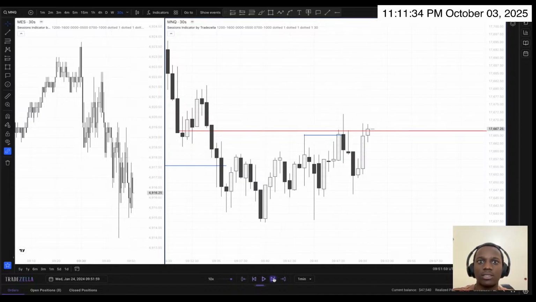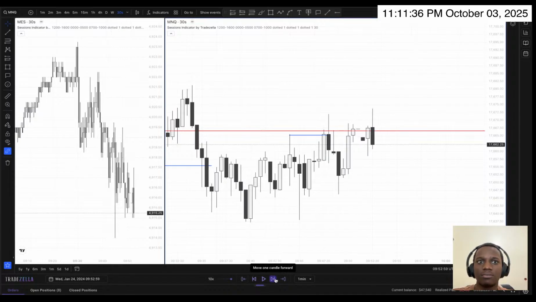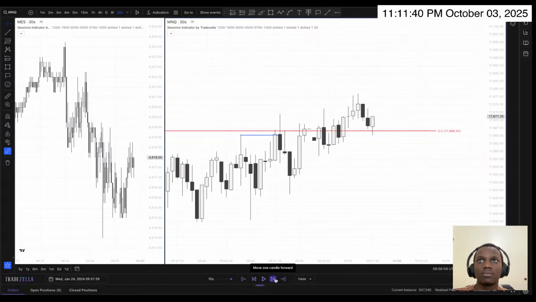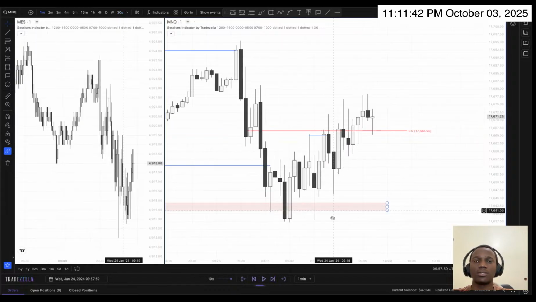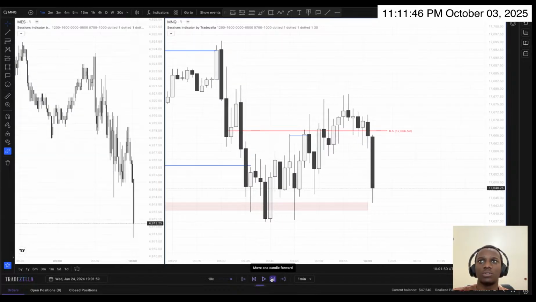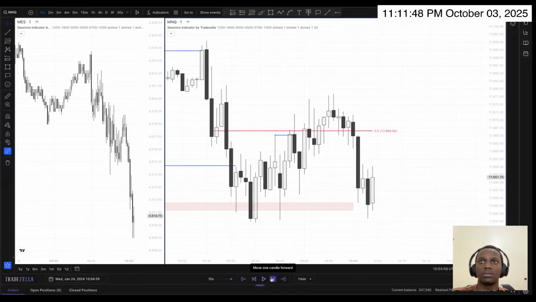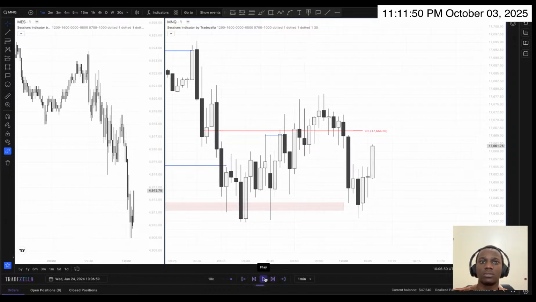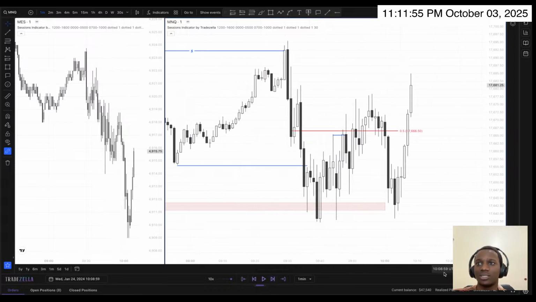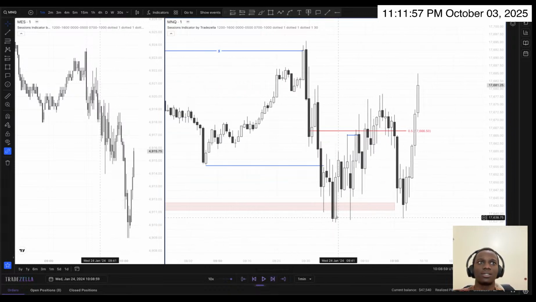Now let's see if we're going to create an inversion. It's going slowly. Not active PA. Ooh, very good drop. Okay, wait, it's still 10:08. Come on, you can be serious.